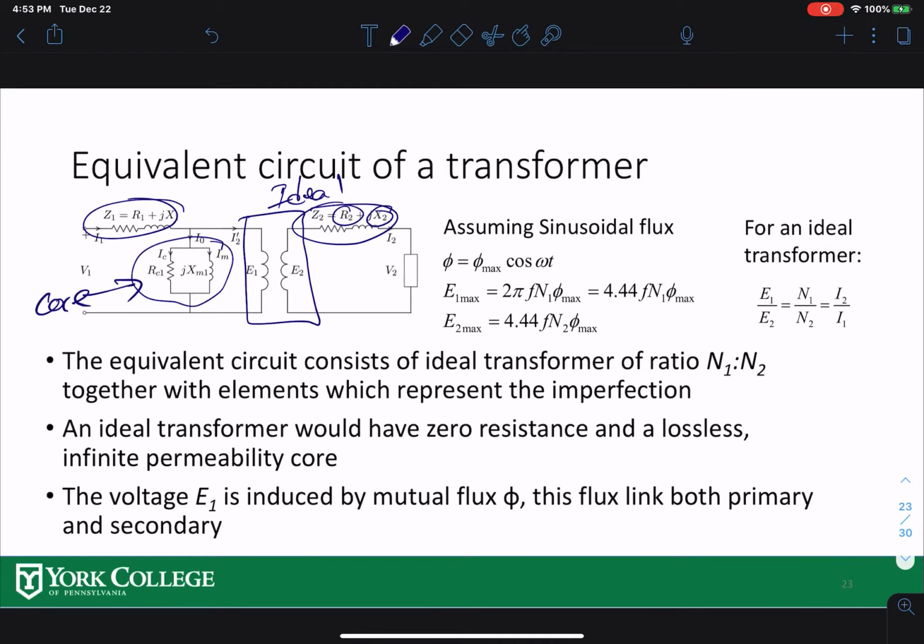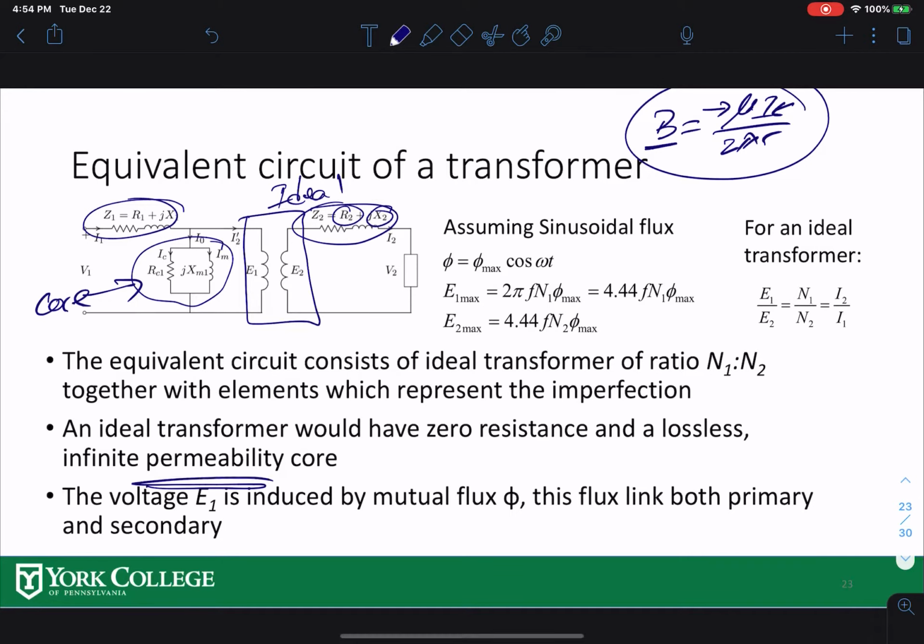If you remember the equation from physics 260, your magnetic flux density is mu I over 2 pi r, if I'm not mistaken. So here, you need current, and also permeability. That depends on how much flux is coming out. It's the flux density, right? So if you have high permeability materials, you need little current to produce flux. That's why we use ferromagnetic materials, which are high permeability materials, to produce flux.